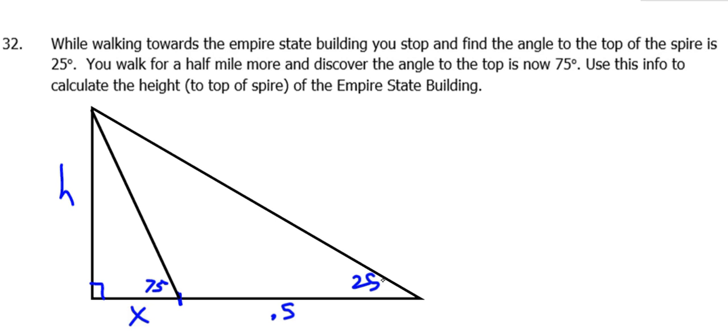So when we use the 25-degree angle, we have the opposite side for the height and the adjacent side, which is the entire length down here along the bottom. So opposite and adjacent, that's tangent. Tangent of 25 degrees equals the opposite side, h, over the entire length here, which is x plus 0.5.